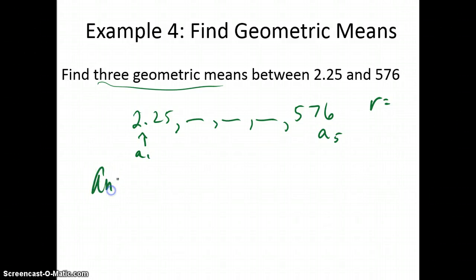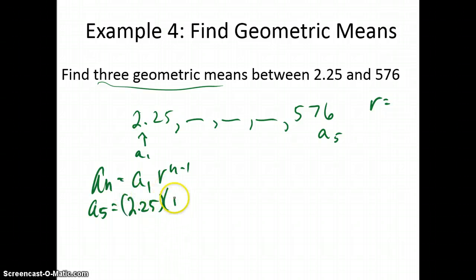So, going back to our formula, we know that a sub 5 is 576. So I am going to use that and say a sub 5 is a sub 1, which was 2.25, times r to the n minus 1. I don't know what r is, but I know that n is 5, minus 1, which is 4.